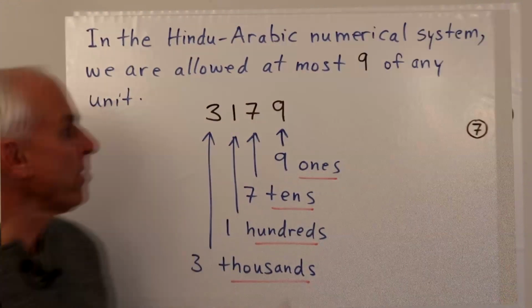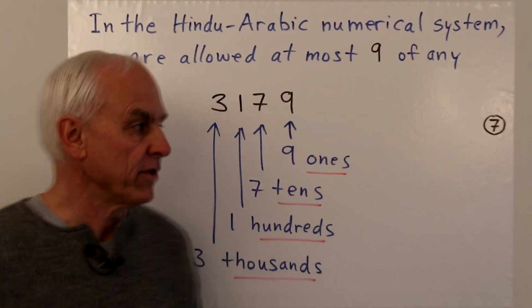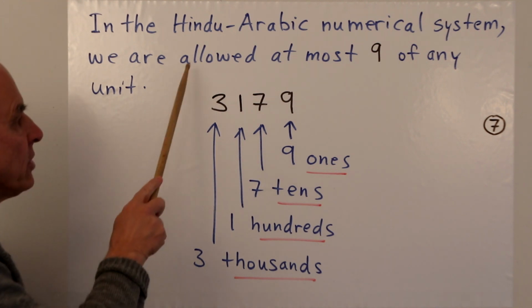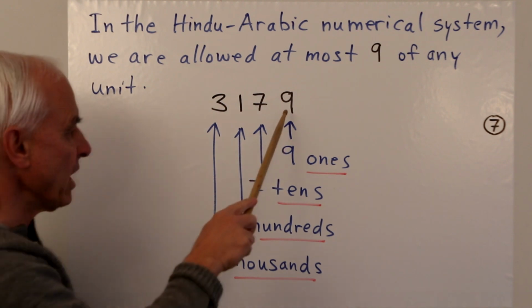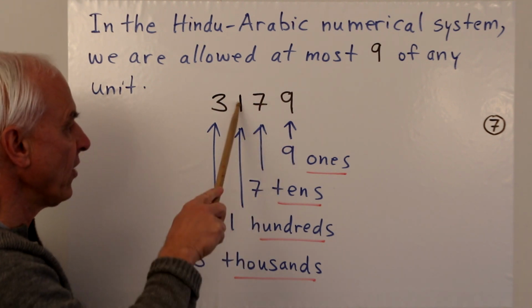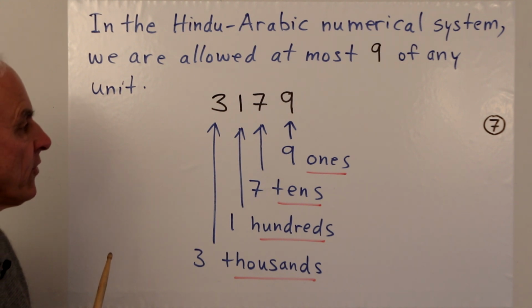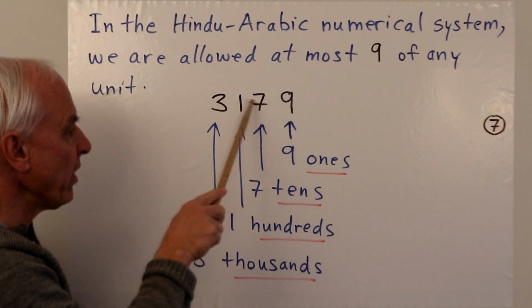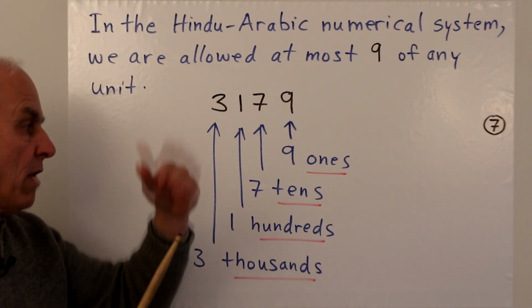So in the Hindu-Arabic numerical system, that's a great system, that's very powerful, etc. We are allowed to use at most 9 of any unit. We have a certain number of ones, tens, hundreds, thousands, and then perhaps further higher units. But the numbers appearing here are always at most 9. They can be 0, 1, 2, up to 9.